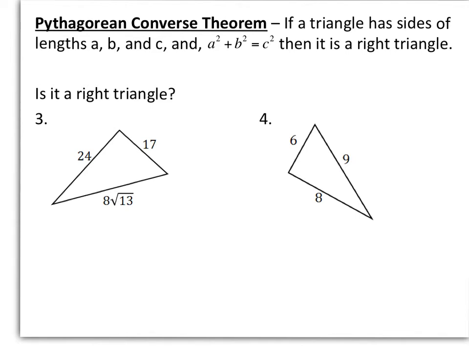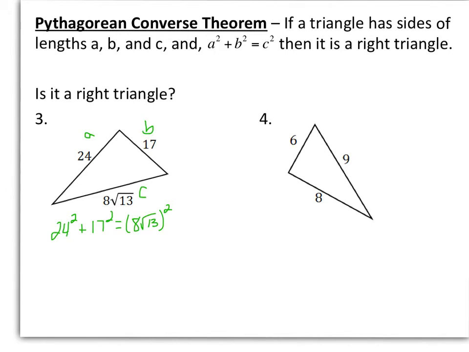So our longest side in number 3 is 8 square root 13. So this has to be C, and then I could call this leg A and leg B. So let's see if our Pythagorean theorem is true. Is 24 squared plus 17 squared equal to 8 square root 13 squared?